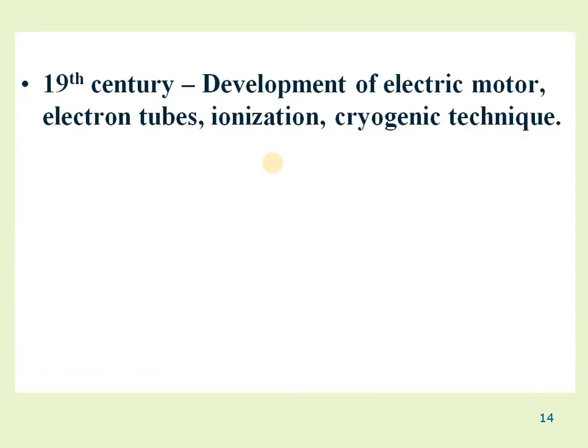Okay, and in the 19th century, so many other discoveries happened, like the electric motor, electron tubes, the cathode ray tube, ionization, and cryogenic techniques, in which you can produce very low temperature. Once a low temperature is produced, what can you do?